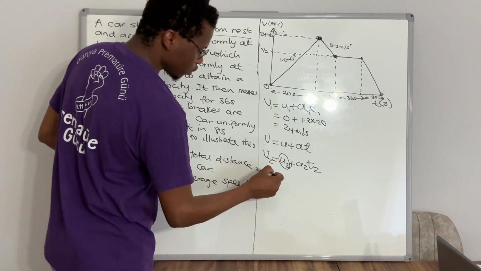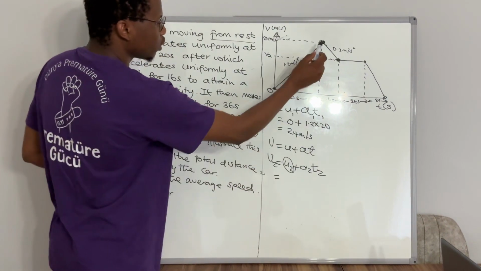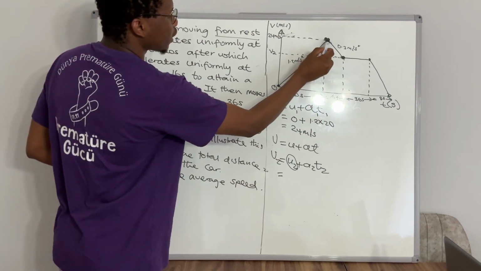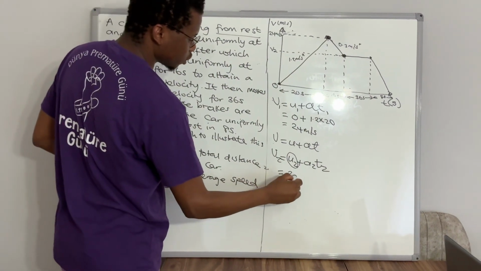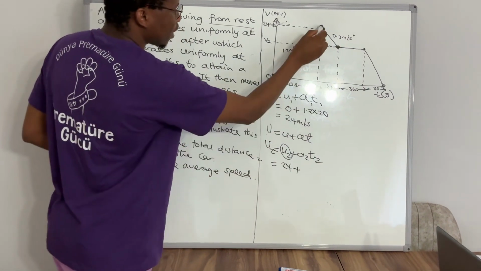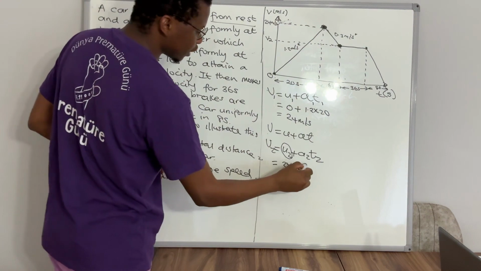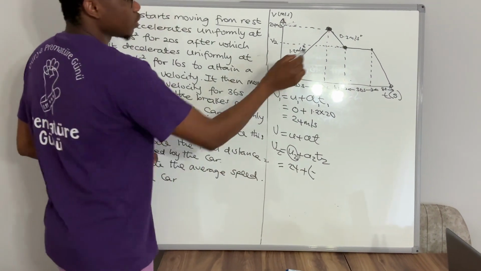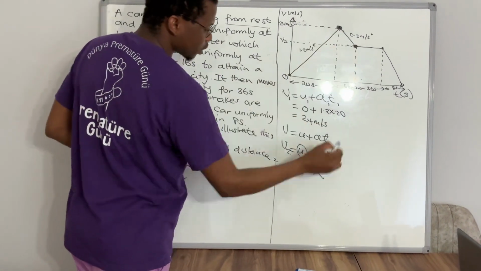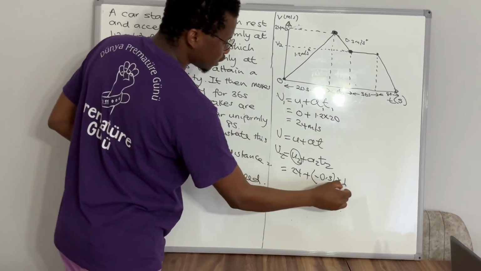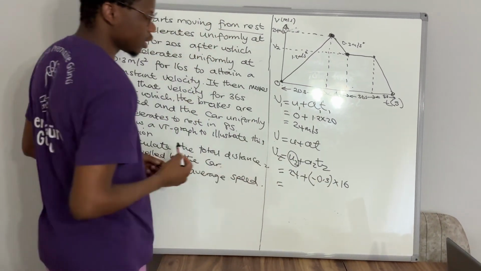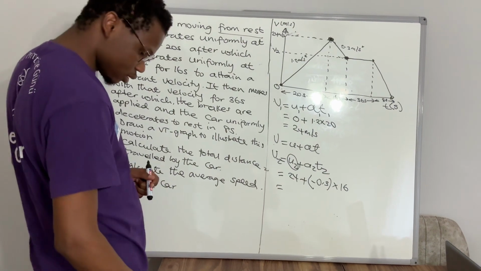So what will be the u2? It is 24, because this is where it starts to decelerate from 24. So it will be 24 plus, but what is the acceleration? Again, it has to be minus because it's a deceleration, so it will be minus 0.3, and the time taken for that is 16 seconds.